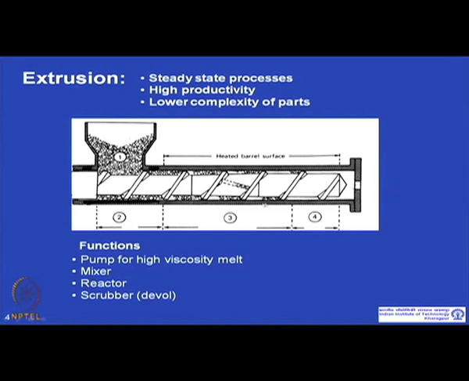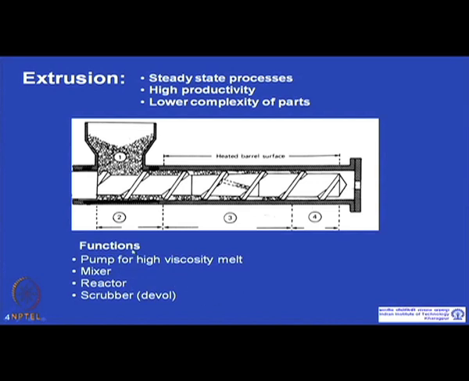Some large polymer manufacturing companies just mix all these ingredients, extrude the polymer, make granules and sell those granules in big bags, and those are purchased by the original equipment manufacturer. They just take those granules and do the molding to make the final product.